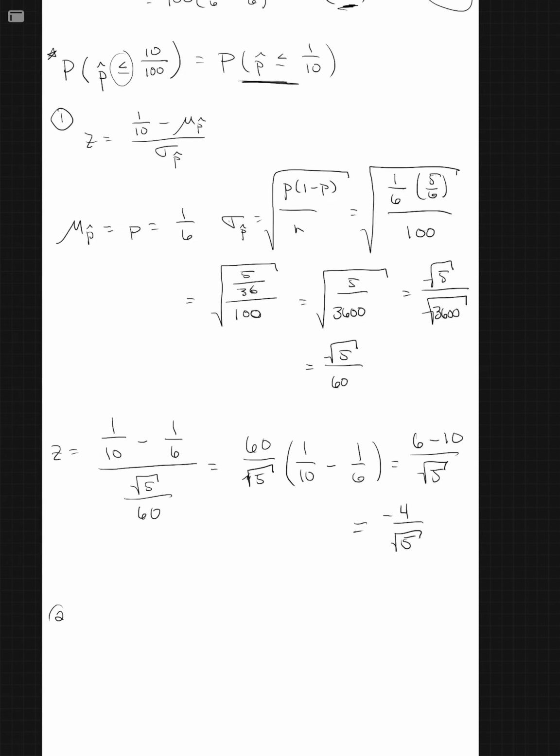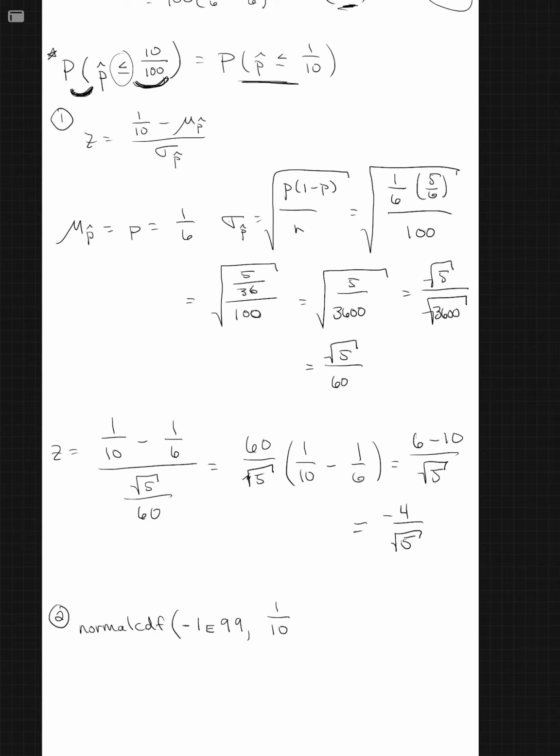Right? The other option is to do normal CDF. We want our lower bound, so we want the stuff that's less than p. We don't actually have one for this problem, so we're going to sub in -infinity, at least as far as our calculator is concerned. We want our upper bound, which is stuff that's bigger than our variable.